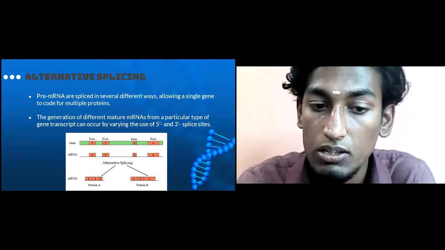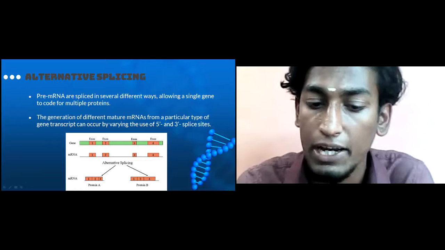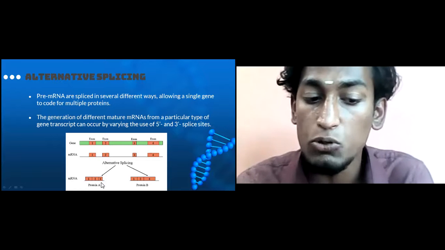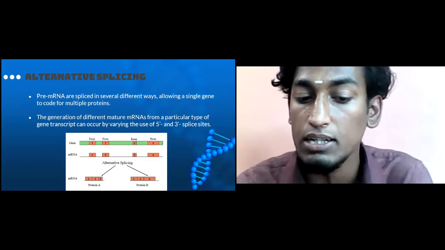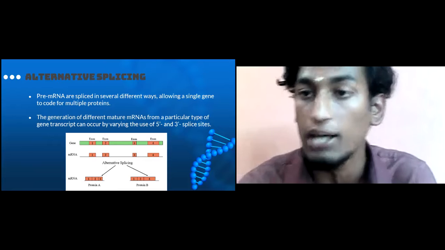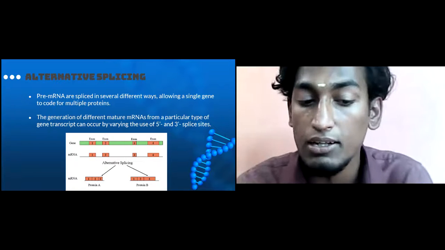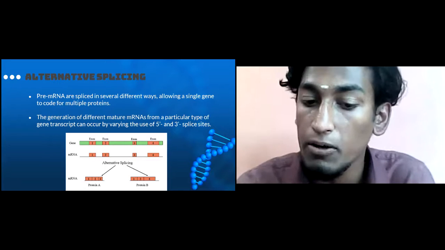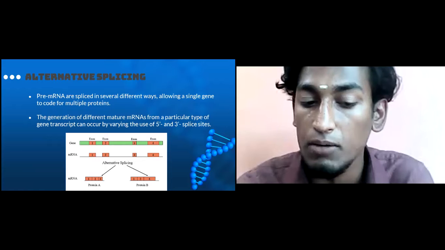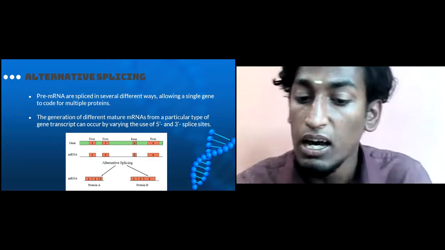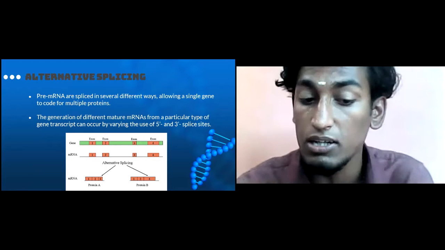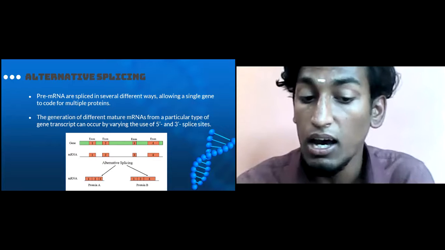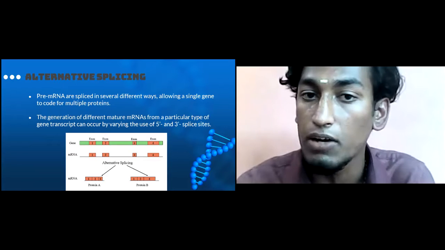Where you see here, it is spliced in more than one way into protein A and protein B, generating multiple mRNAs that are translated into different amino acids, and thus different proteins are synthesized. Thus it is an alternative form of processing the mRNA.